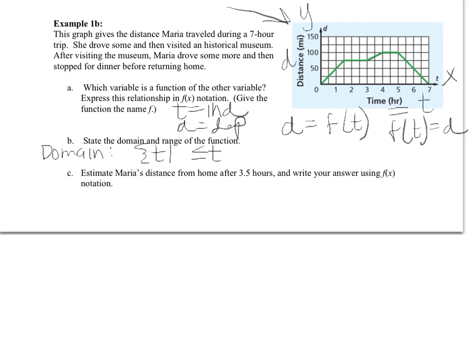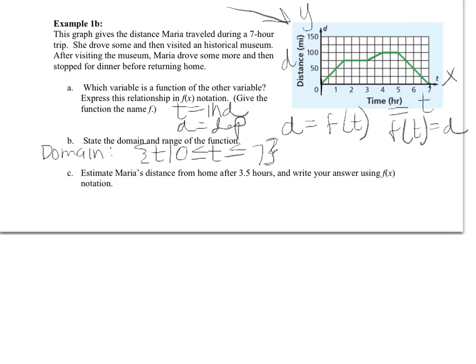If it started at 2, you would say t greater than or equal to 2. So t has to be greater than or equal to 0 and less than or equal to 7, because the graph ends at 7. And that is another brace.